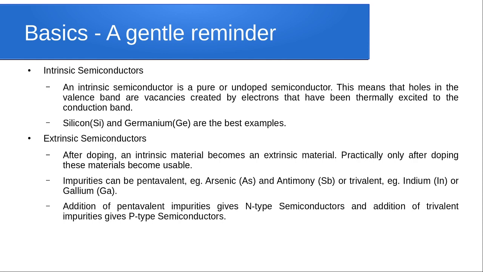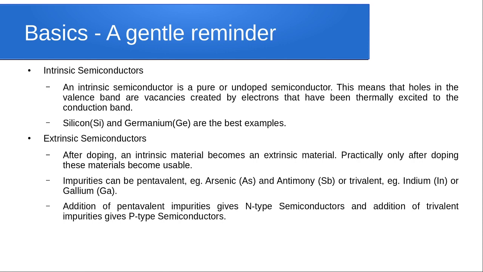One is pentavalent impurity, for example arsenic and antimony. The other type is trivalent impurity, examples are indium and gallium. Addition of pentavalent impurity gives n-type semiconductors, and addition of trivalent impurities gives p-type semiconductors.